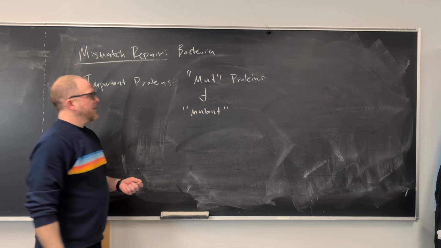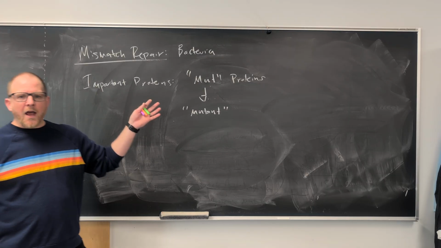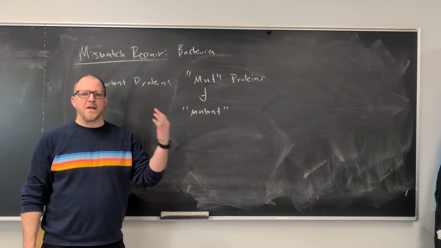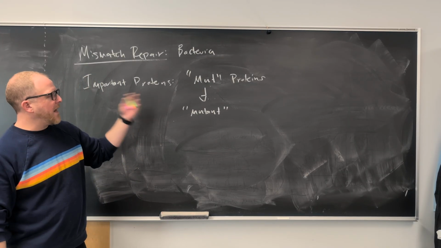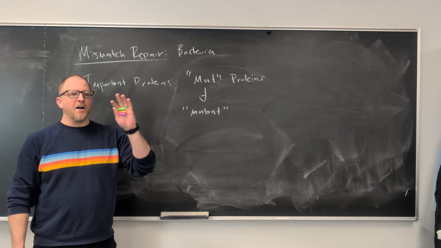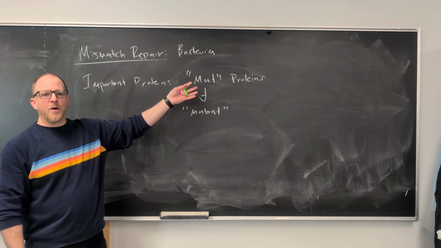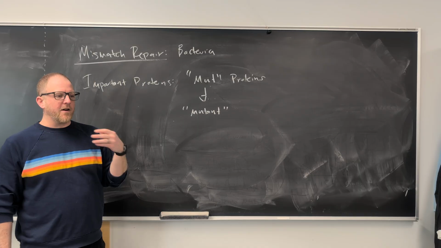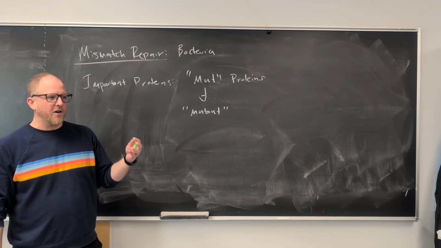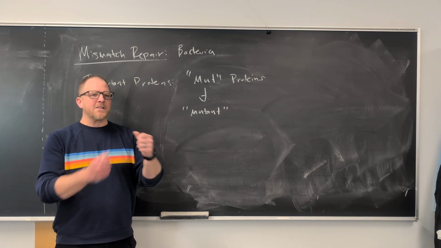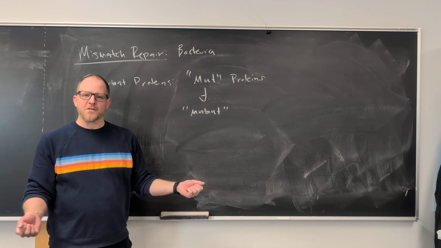Okay, and this Mut is actually short for mutant. In this case, these proteins were named because of the way their function was identified. They were named based off of the consequence when the function of these proteins is eliminated. And that's a very standard way to go about studying the function of proteins in cells. Let's see what happens if we eliminate the function of those proteins.